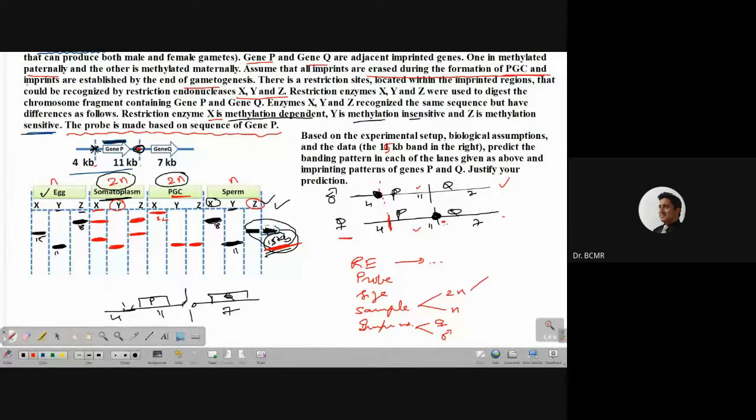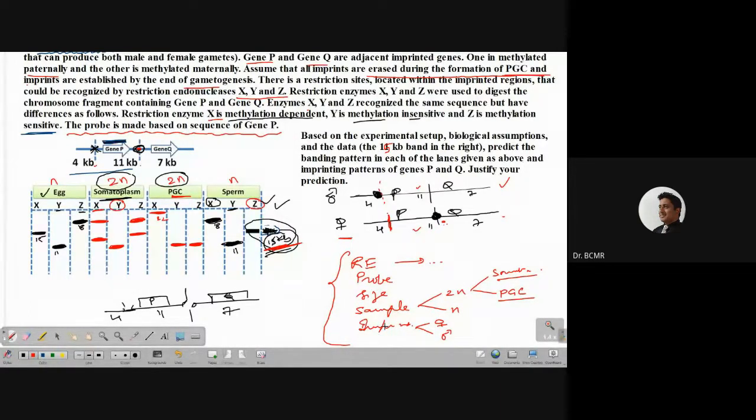And if it is diploid, we should know if it is somatic cells or primordial germ cells. In one case, you have imprint established and biparental. In another case, the imprint is erased. So there are too many factors to keep track of, and that's why this is one of my favorite questions.